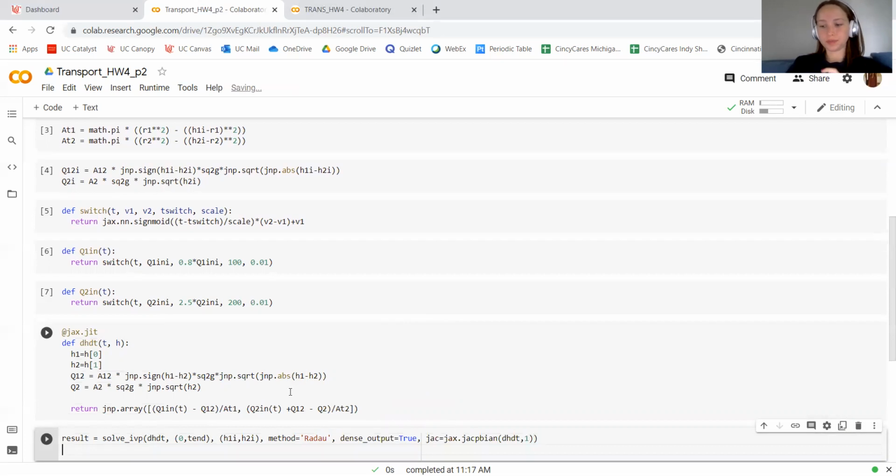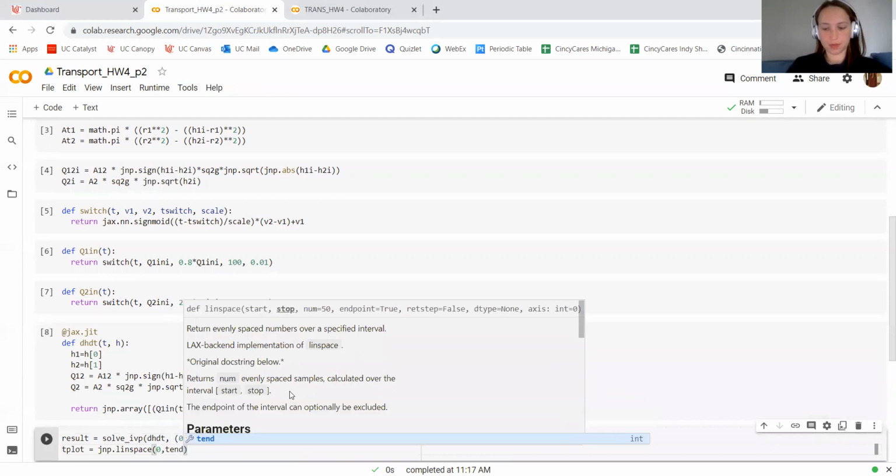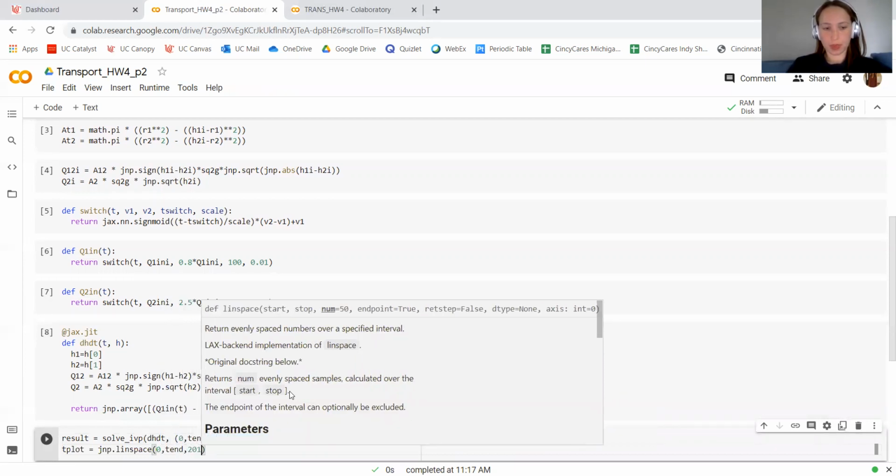So we also want to plot it. So we can define T plot. We want to take it from 0 to 201 instead of 200, which will plot the height from 0 to 201 seconds.